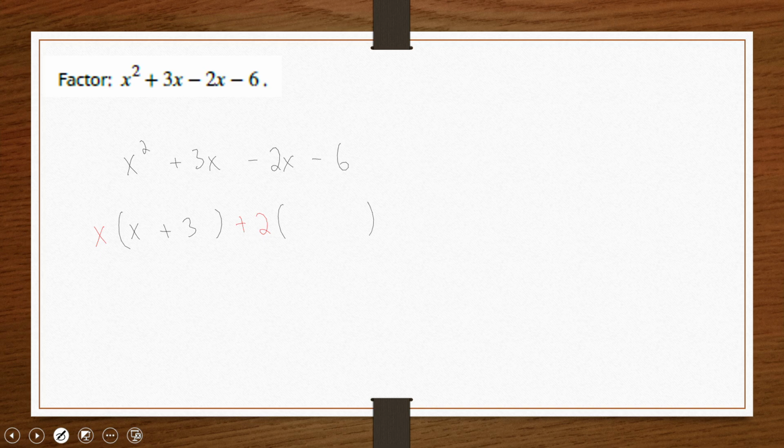What you'll note is that my binomial in the parentheses here would be negative x and minus 3, which is clearly not the same but close to the same as the binomial that I think that I should end up with. Again, this is a big signifier that I've picked out the wrong GCF.